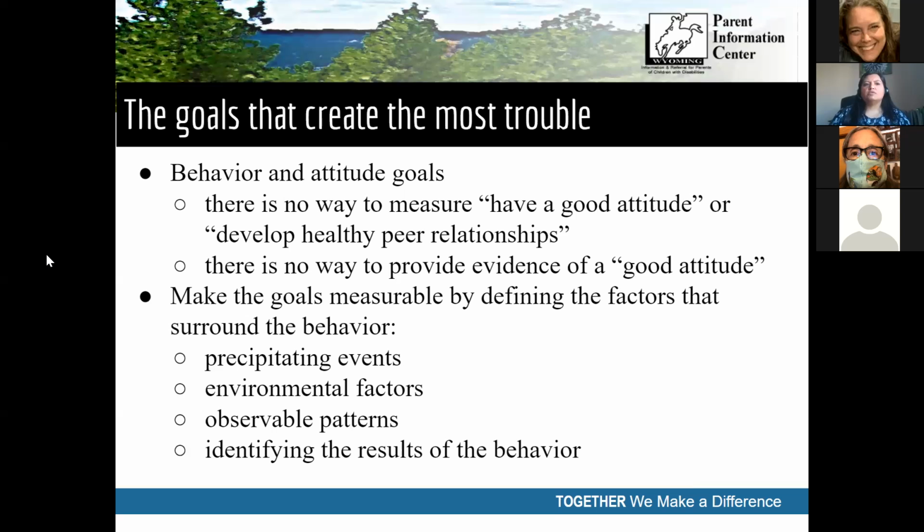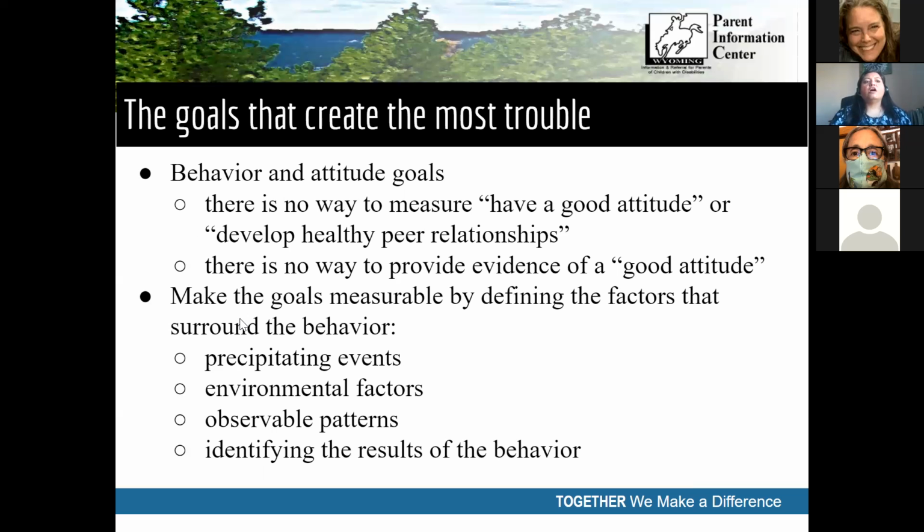So you need to make those goals measurable. And to do that, you have to look at all the events surrounding it. So maybe Jim, when triggered by peers, is going to ask to take a break 4 out of 5 times over the next year.